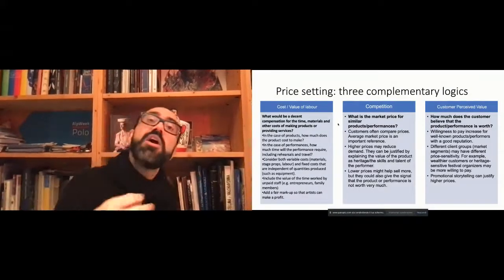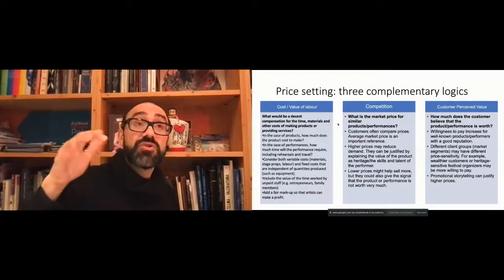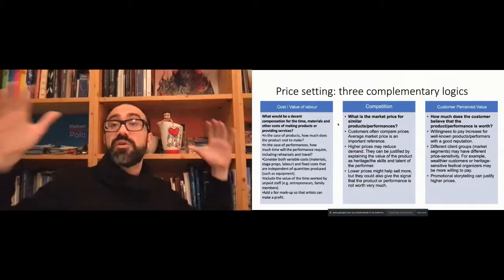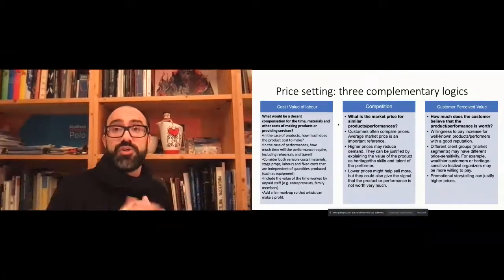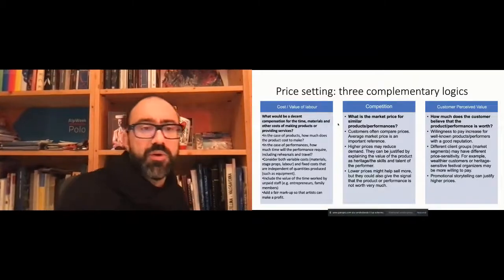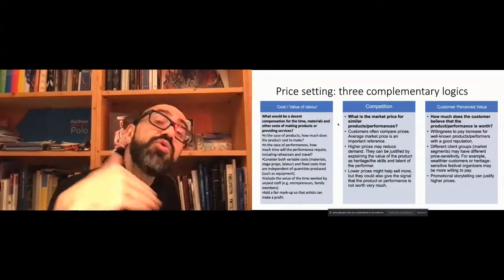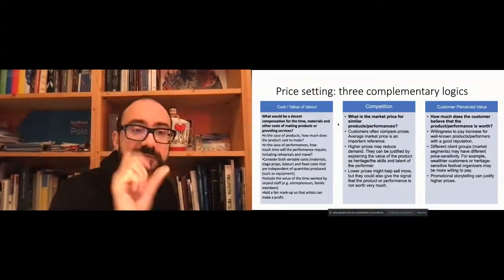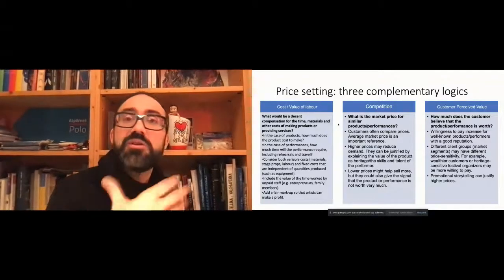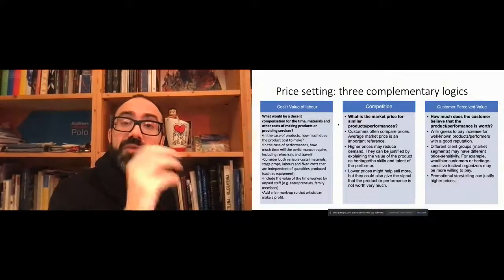And finally, you include a percentage of the fixed cost of your operation. Okay, and again, there are different logics that you can use. And then these are the costs. And then you should add a little more, a fair markup, so that you can make a profit. Okay, so it's the cost and the value of labor.